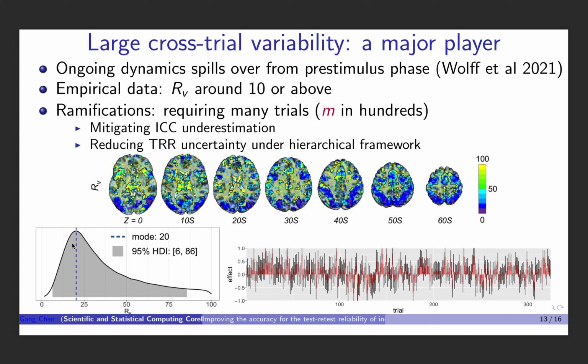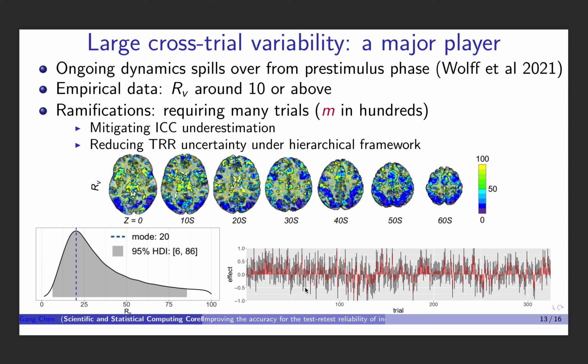On the lower left corner is the histogram of the ratio. It peaks around 20, so most blue regions are in the neighborhood of 20-ish. On the lower right, it shows one brain region, the trial-level effects. Because this combines both conditions, congruent and incongruent, there are over 300 trials.